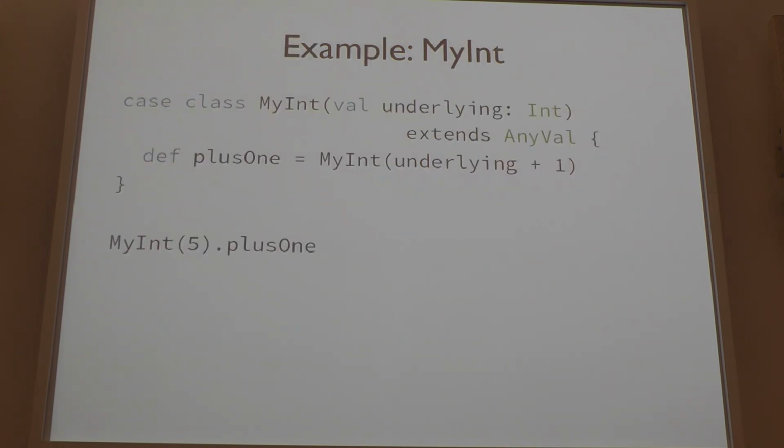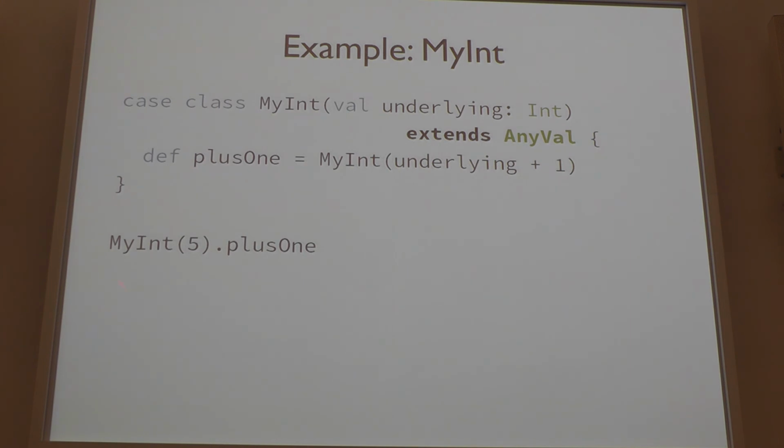As I said, imagine you want to create a wrapper class, in this case called MyInt, and it wraps some underlying integer, and it extends from AnyVal. And you do this because you want to have the method called plusOne in there, which adds 1 to the int you wrap.